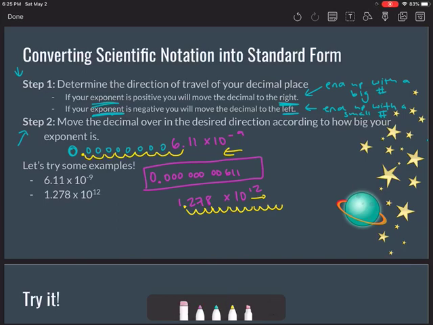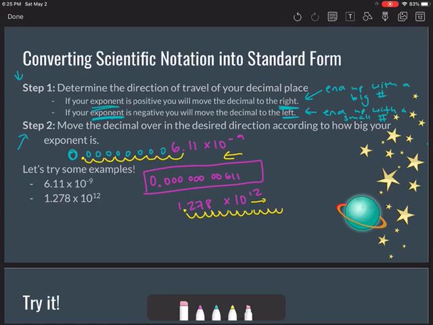So if I'm looking at this, I could essentially take my spots and fill them with zeros, to get 1, 2, 7, 8, 0, 0, 0, 0, 0, 0, 0, 0, 0, and my decimal ends up at the end there.